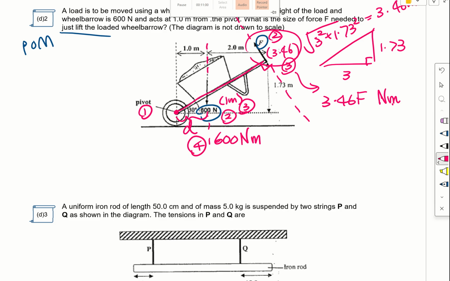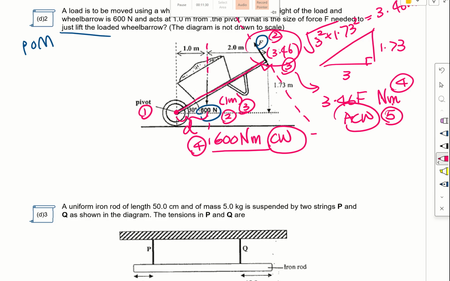So this is step 4. Step 5 is to assign the direction. So for the 600 Newton meter, it is going downwards on the right hand side of the pivot, so it will cause it to be clockwise. Please hold a pen on the left tip of the pen and then press down on the right side of the pivot downwards. You will make the pen turn clockwise. So this will then be anti-clockwise. So this is step 5.